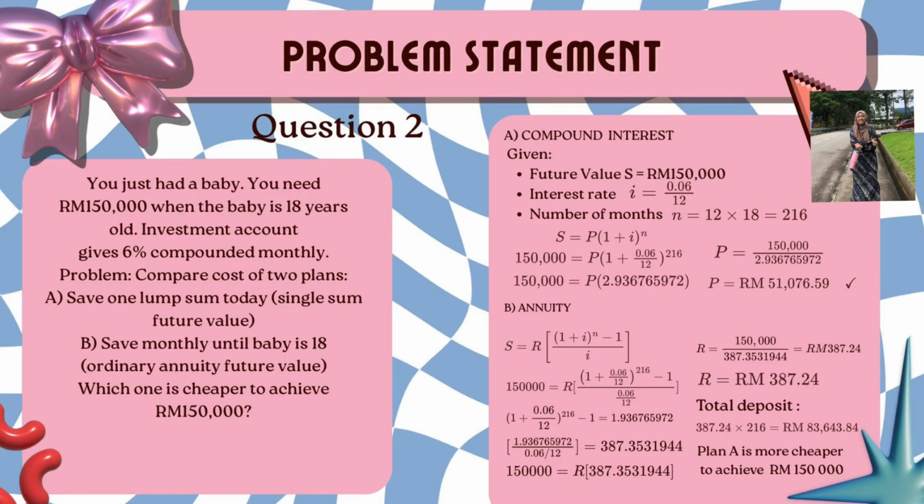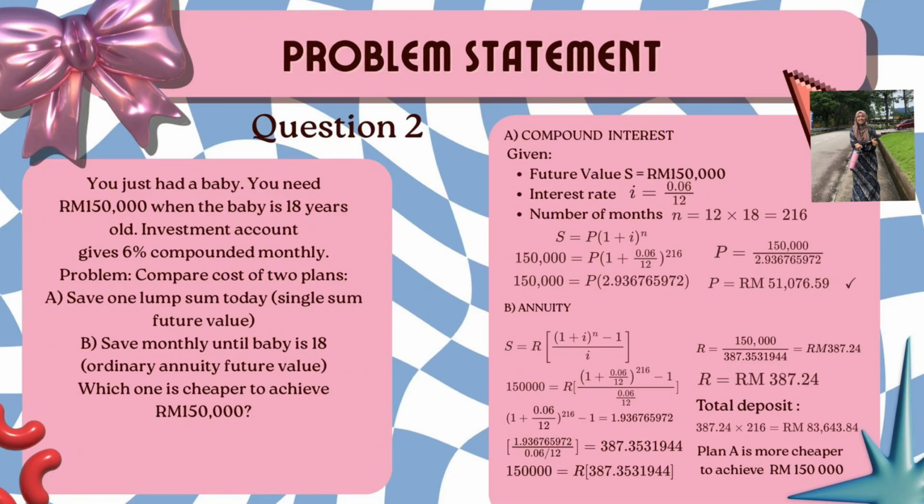So for Plan A, we use compound interest. Given from the text, we get future value S equals 150,000 ringgit, interest rate i equals 0.06 per year, and the number of months is 12 times 18, which equals 216.